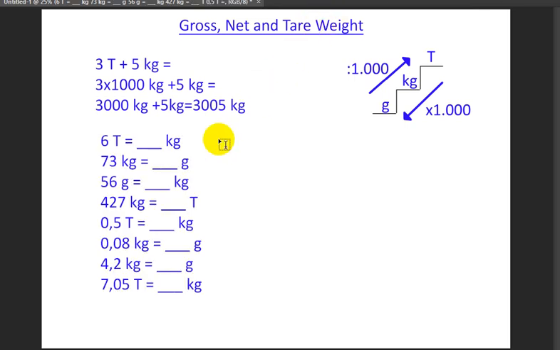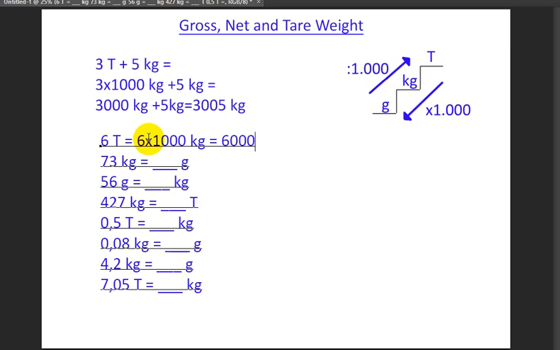So let's see some examples where we can put that into practice. Here we want to convert these units. We want to go from 6 tons to kilograms. To go from tons to kilograms, I take one step down, so I just multiply by 1,000. 6 times 1,000 makes 6,000 kilograms.